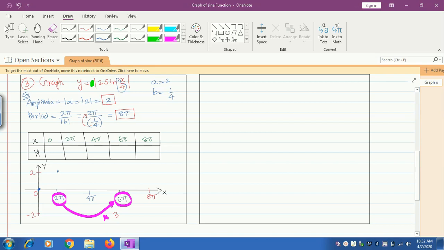The next one comes here. In the regular graph it would come down, but due to the absolute value it goes up again. Why is it not coming down? Because it is absolute value, so all the graph will be up.